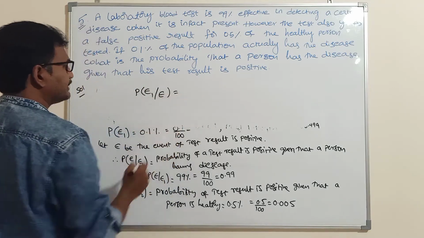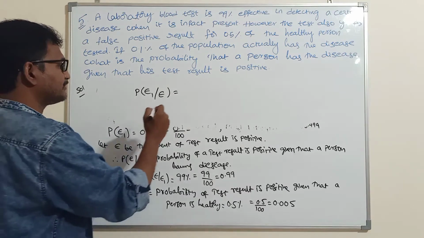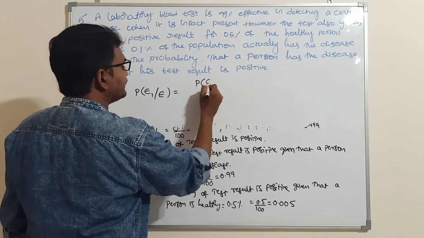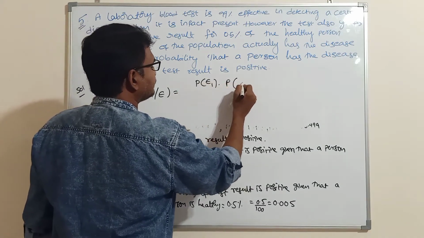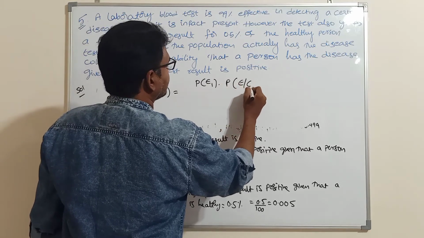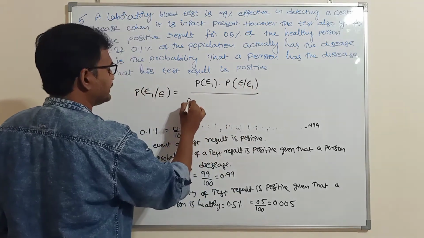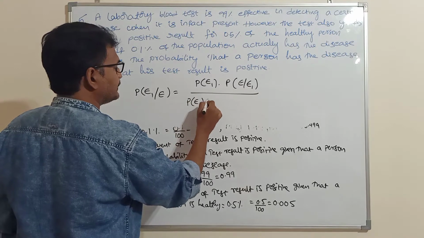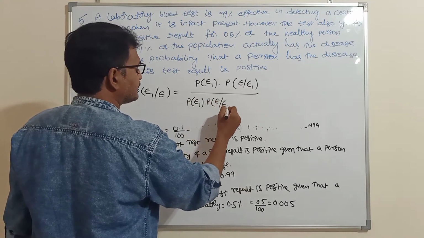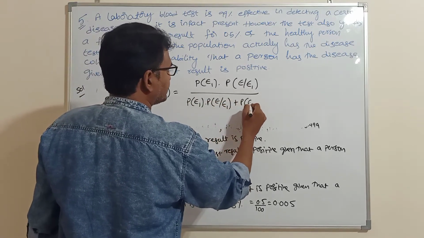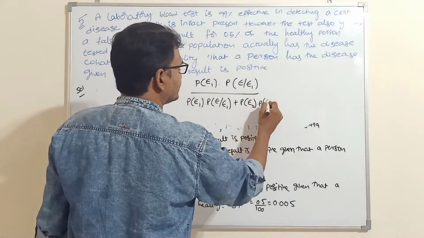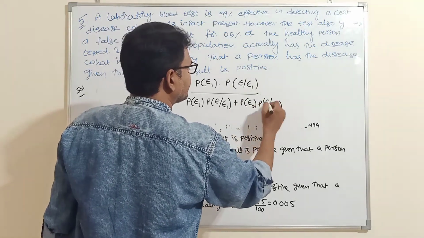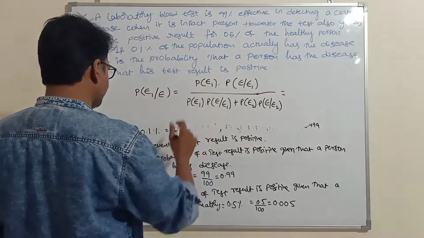That means E1 given E is equal to how much? What's the formula for this? P of E1 into P of E given E1 by P of E1 into P of E given E1 plus P of E2 into P of E given E2.